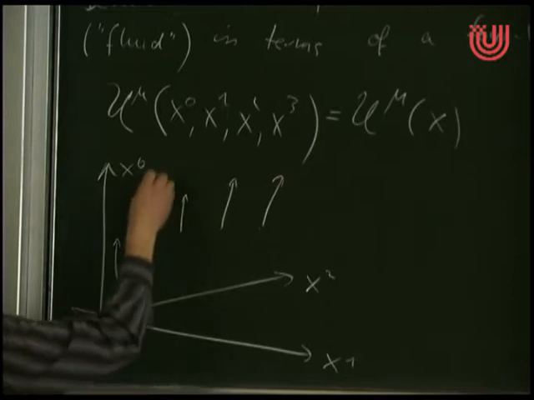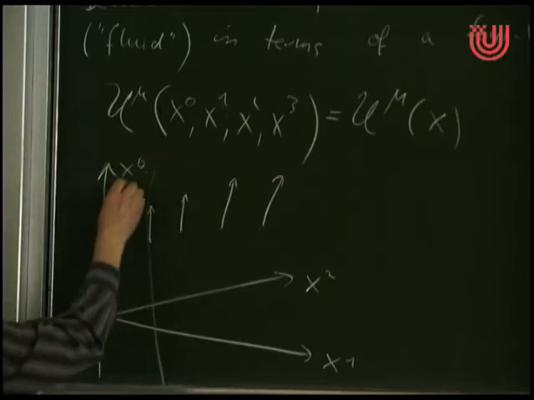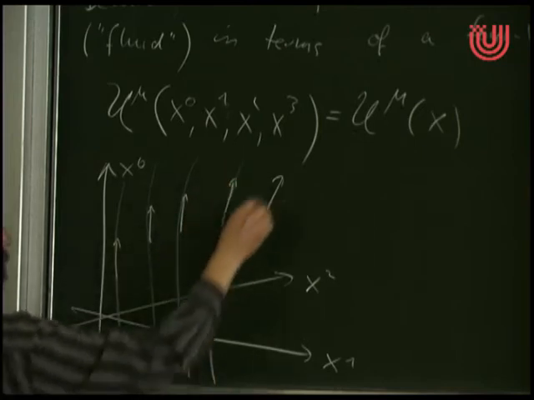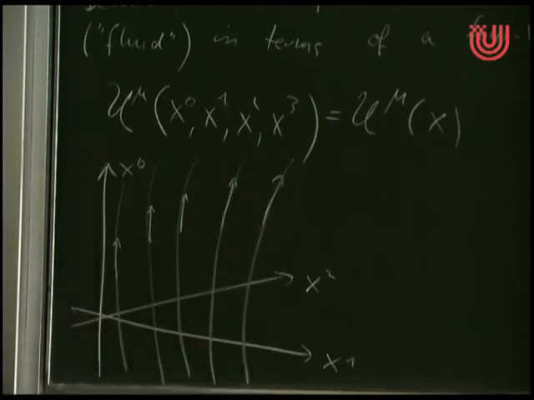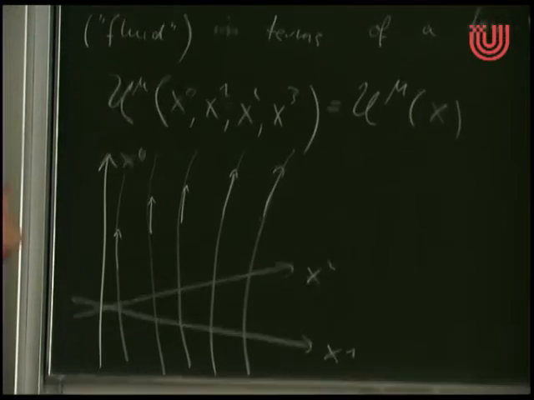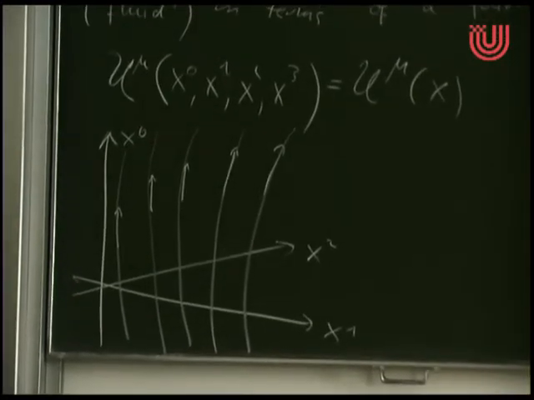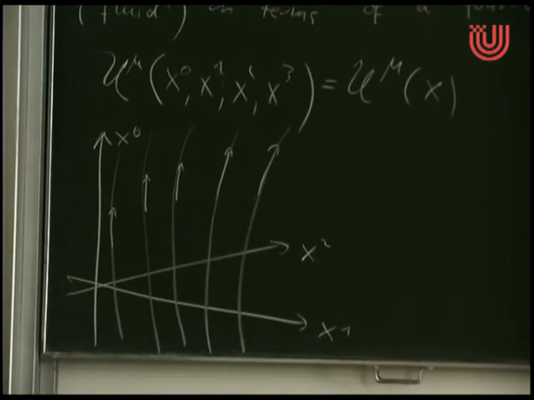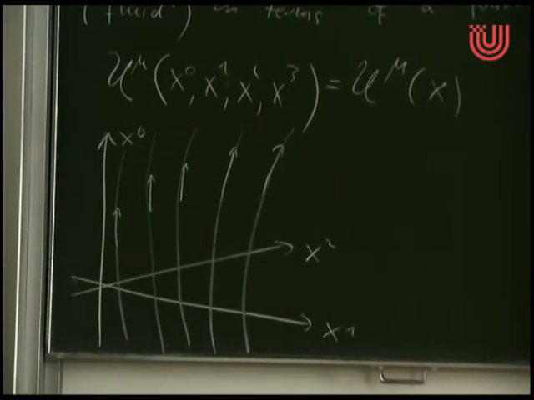If I integrate this up, I get flow lines, right? And these flow lines tell me how the fluid moves. If they come closer together, this means that the particles may make a motion like that. Or if they have a spiral shape, this means that the particles move around in circles. So that's how we model a fluid.